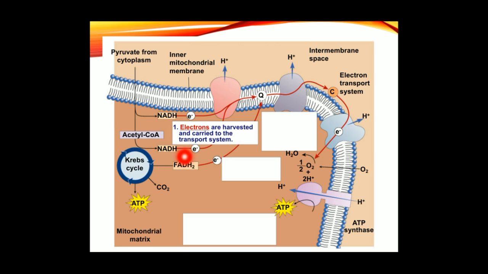The electrons are released and carried from one complex to another, and finally H2O molecules are formed. Actually, what happens is the electrons travel from one complex to another through the prosthetic proteins in them, and thus help in pumping protons from the matrix to the intermembrane space.